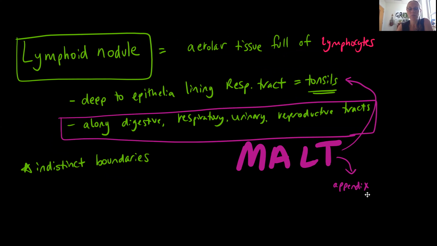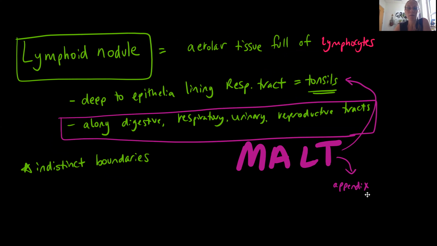So let's talk a little bit about those lymphoid nodules. What are they exactly? A lymphoid nodule is really just connective tissue, specifically areolar tissue, full of lymphocytes. It has no distinct boundary, so it doesn't have any kind of capsule that's going to make it different from lymph nodes that we'll talk about here in the future.